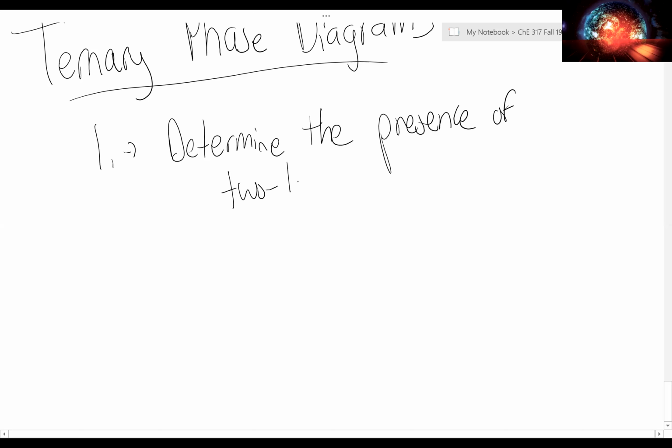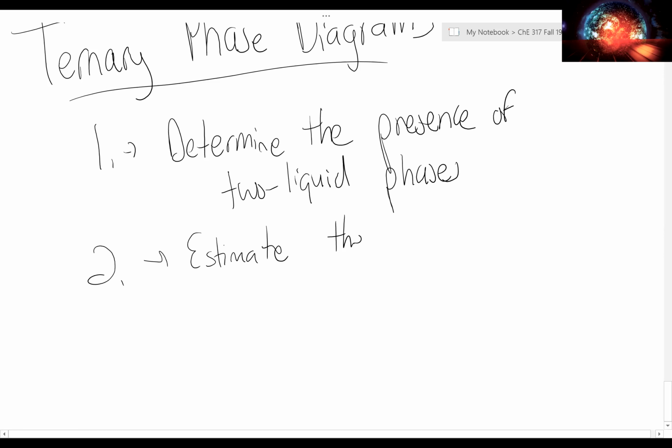And what a ternary phase diagram allows you to do is, one, determine the presence of two liquid phases, and two, estimate the composition of the liquid phases that form.